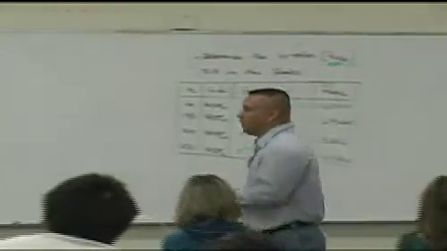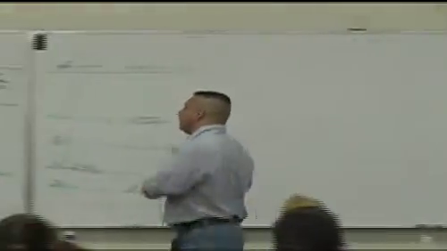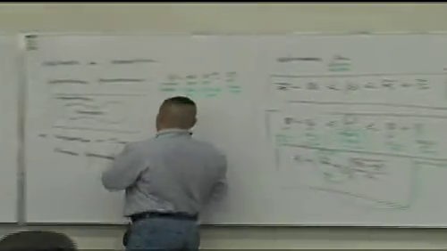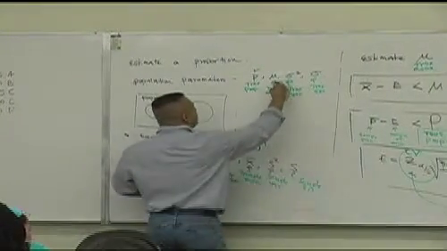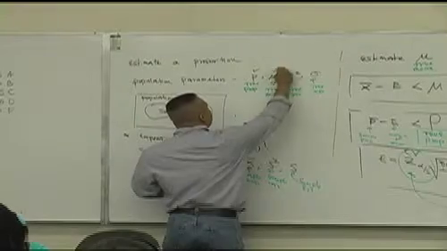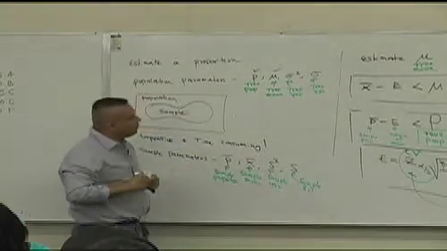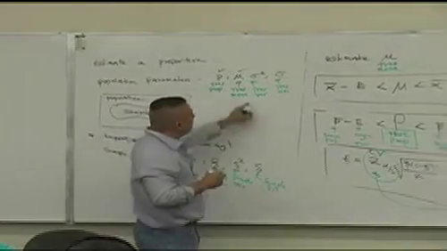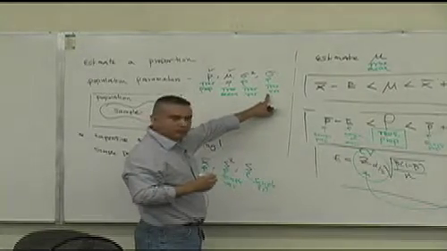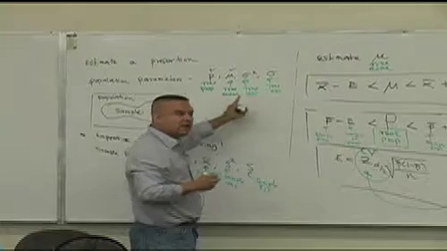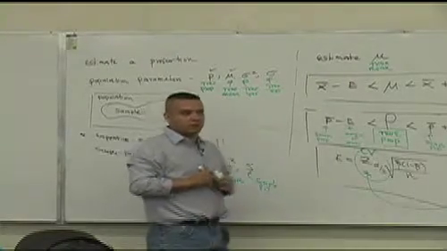Okay, so far we've estimated a proportion. We've estimated a mean. And what do you think we're going to estimate now? Variance. Variance and then standard deviation. If we estimate variance, we estimate standard deviation. Okay?